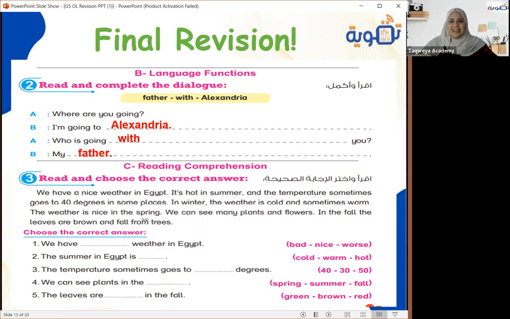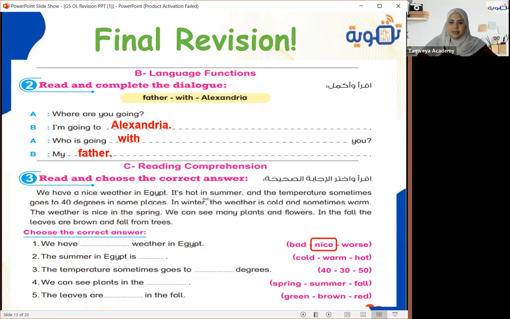Later on, again, reading comprehension. Read the question, find the answer. Number 1, we have weather in Egypt. Let's have a look. The first sentence is saying we have a nice weather in Egypt, so that's nice. Number 2, the summer in Egypt is. Let's see.